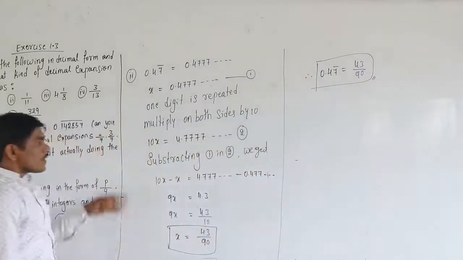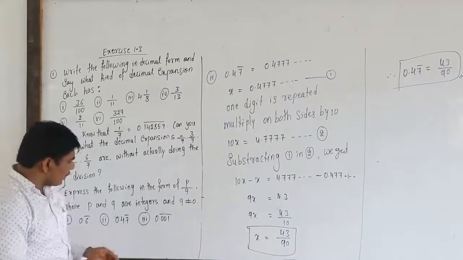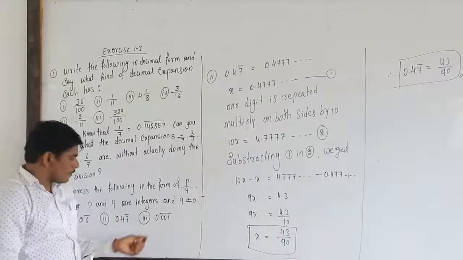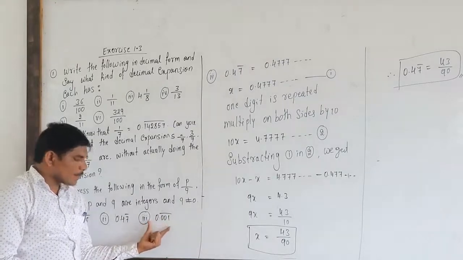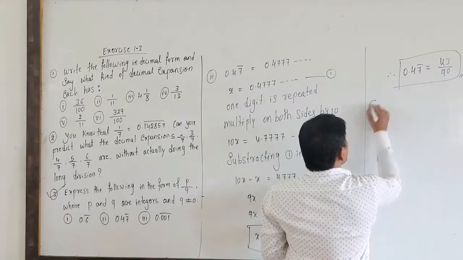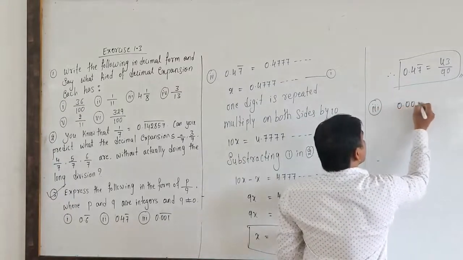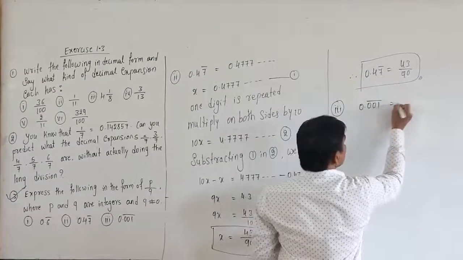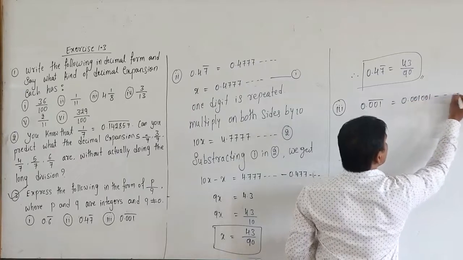Now similarly, the third one you have to solve at home, but I will explain all the points. 0.001 bar, it means 0.001001 and so on.